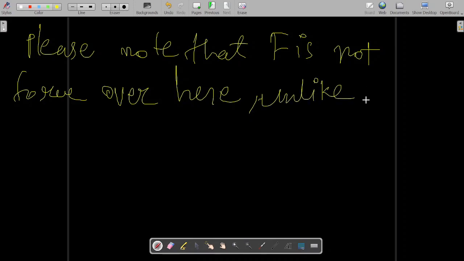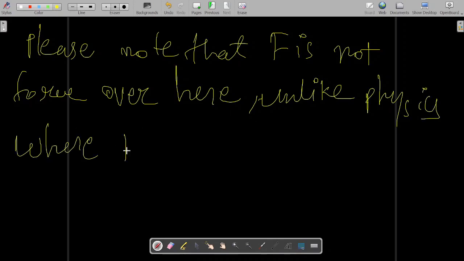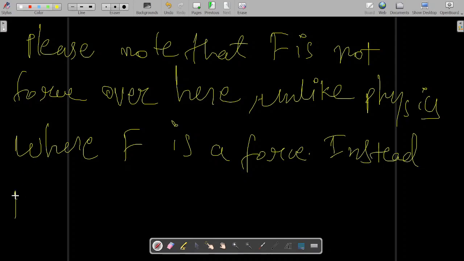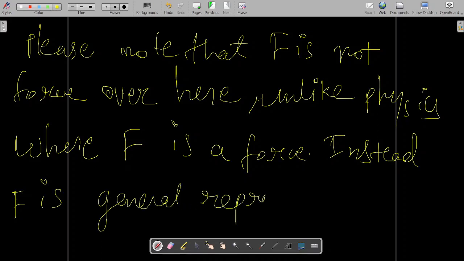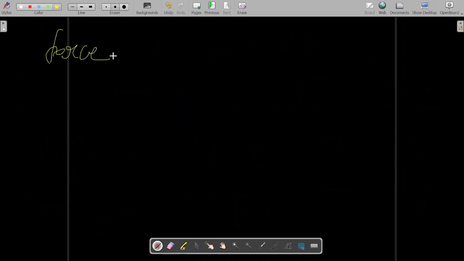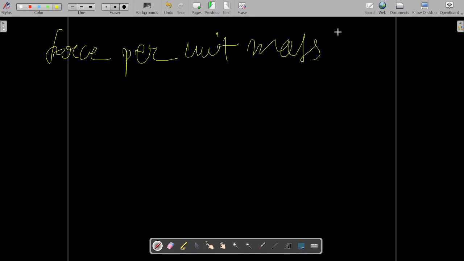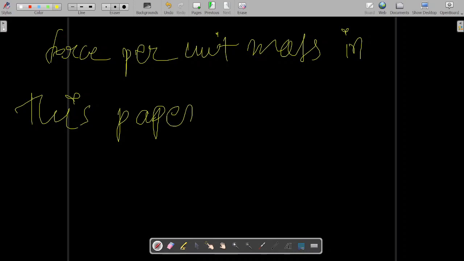Unlike physics, where F is a force, instead F is the general representation of force per unit mass in this paper of dynamics.